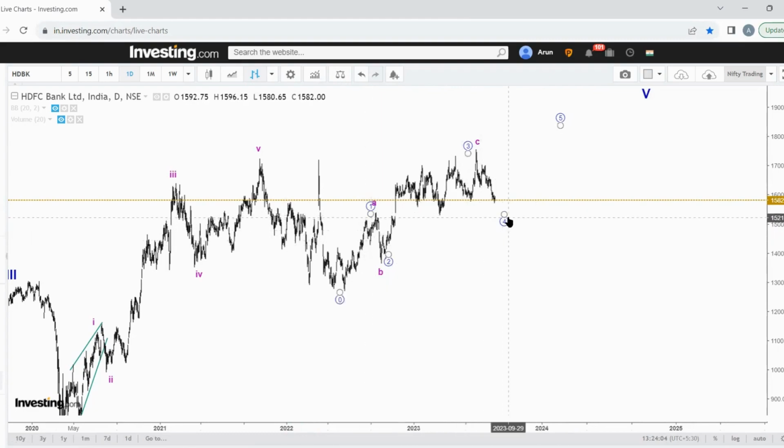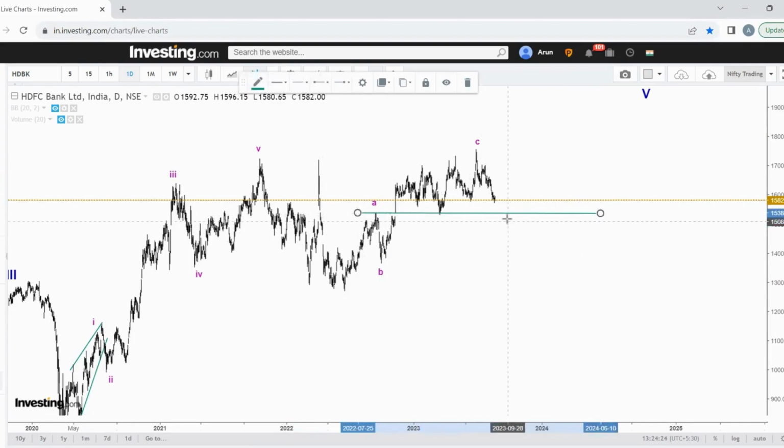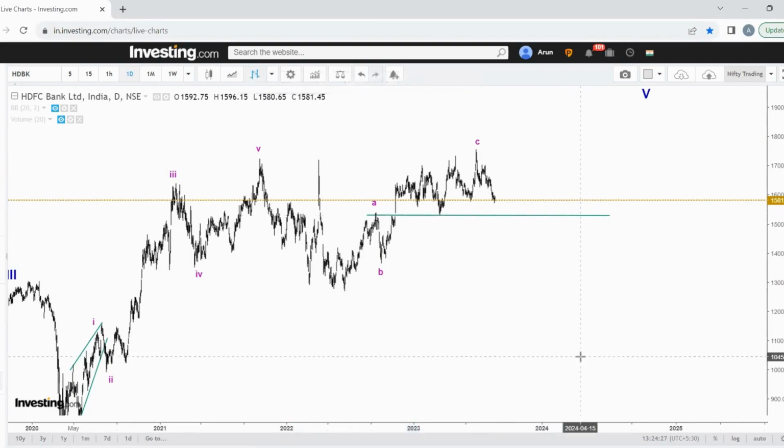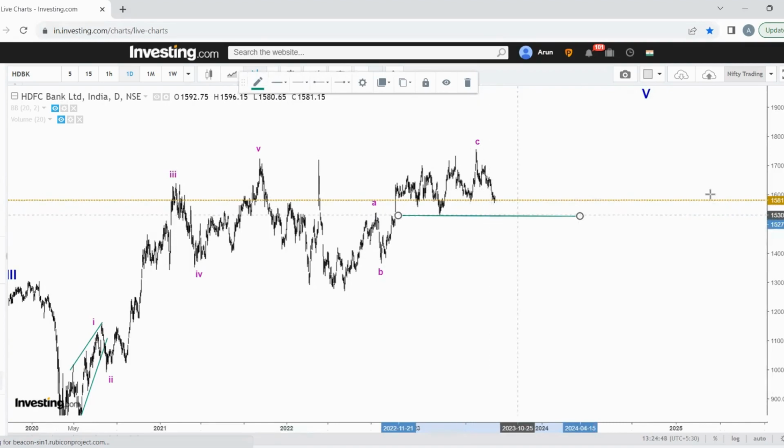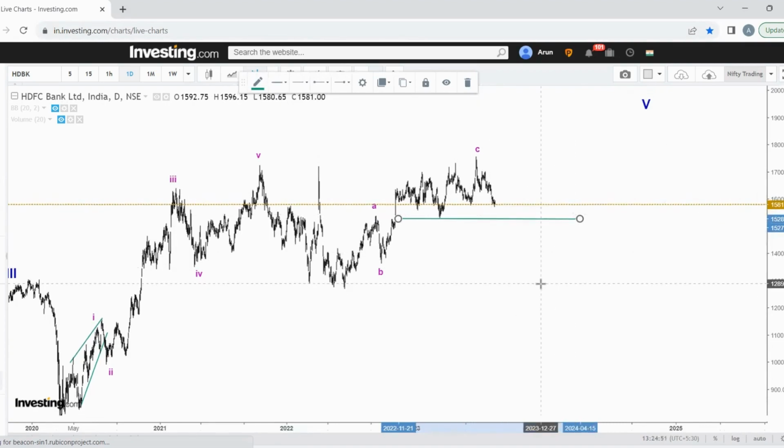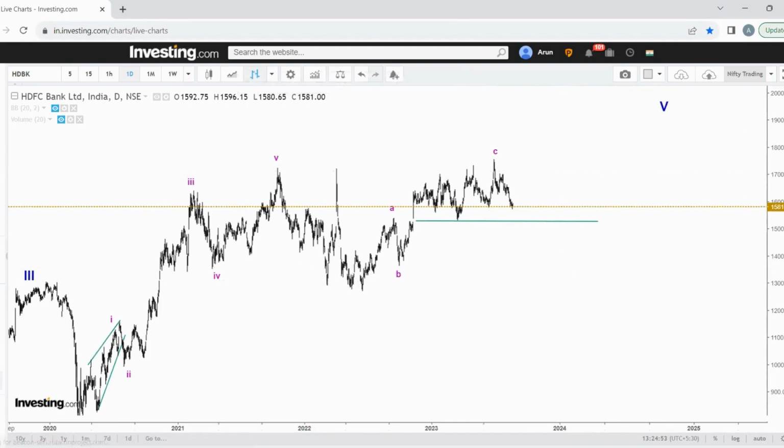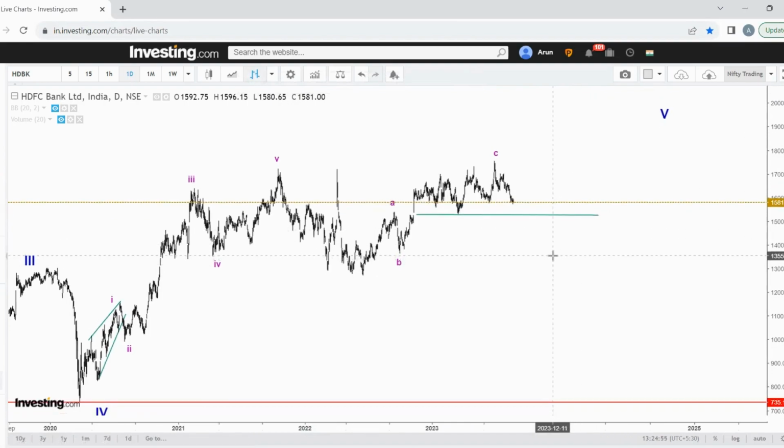So that means it's not an impulse, and in simple Elliott wave terms, if it is not an impulse move, then it should be corrective. So taking that point, have this low as the decision-making area. We should watch this level for further reading. Okay, so this is the case of HDFC Bank.